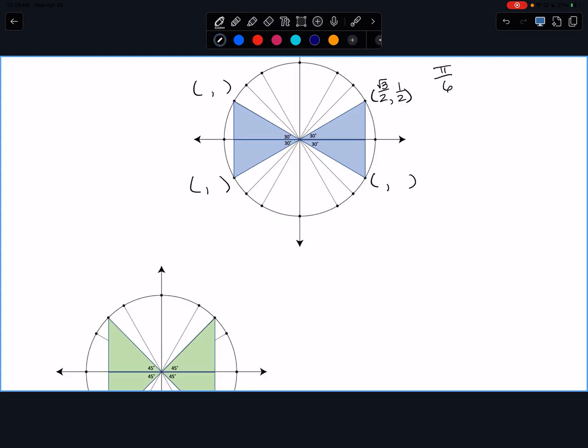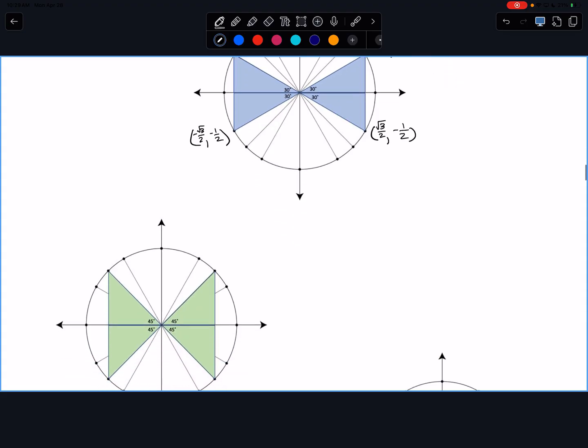So in the second quadrant, it's negative square root of 3 over 2, but still positive 1/2. And then down here, negative, negative, right? And over here, cosine is positive, but sine is negative. Okay? Remember, All-Star Trig class. That was that quick reminder, okay?